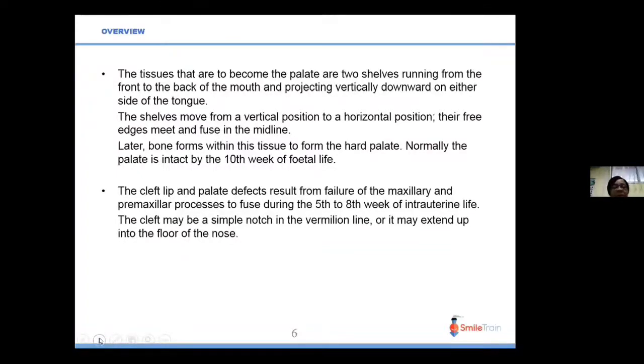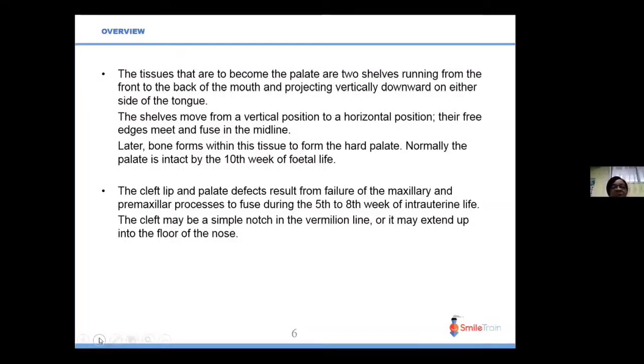Therefore, the overview is that the tissues that form the palate are like a shield running from the front to the back of the mouth and projecting vertically downward on either side of the tongue.